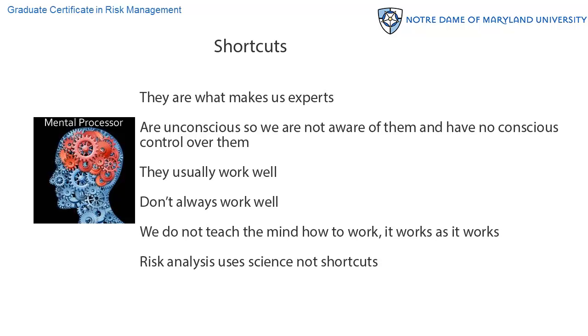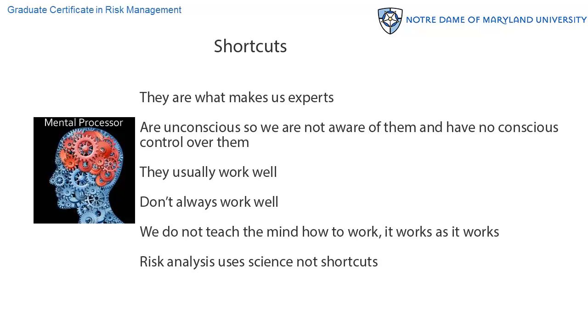Shortcuts are what make experts. Experts have the shortcuts, and they know how to get to answers when other people don't. The problem is, these shortcuts are unconscious, and we're not aware of them, and worse, we have no conscious control over them. Therefore, when you make decisions for yourself, no one much cares about the shortcuts that you use to do that.